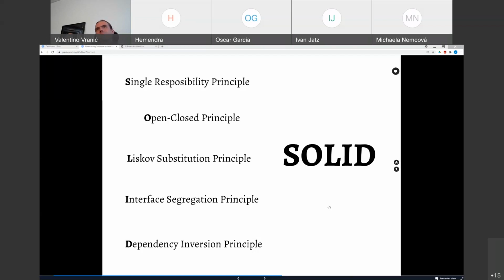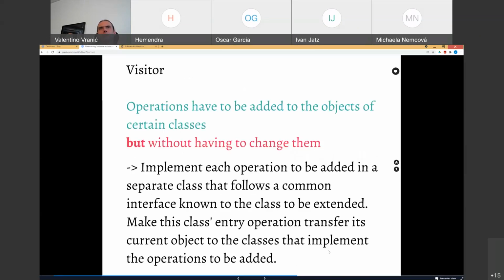So the principles themselves do not help that much when you do not have examples, and examples are close to patterns. And here's an example of a pattern. So here's the visitor pattern.